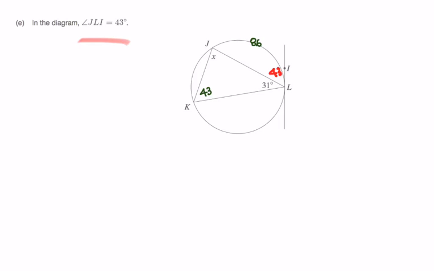That will give us arc JL equal to 86, which tells us that angle K is also 43 as well. Then we can easily figure out the value of X from 180, subtracting 31 and 43. Then 106 becomes our answer.